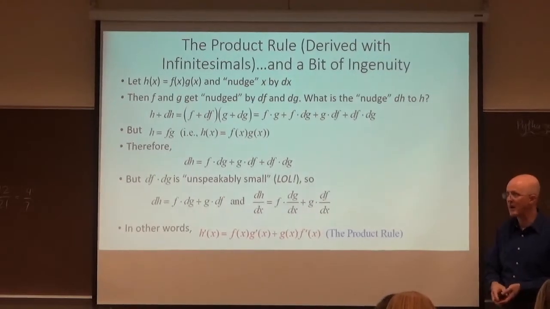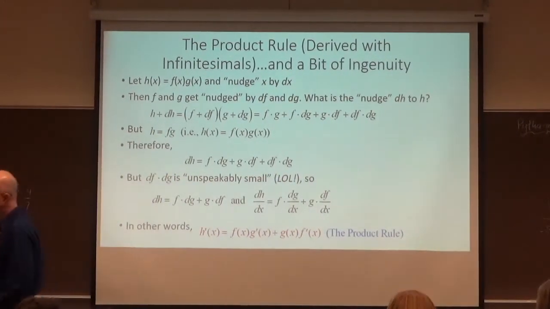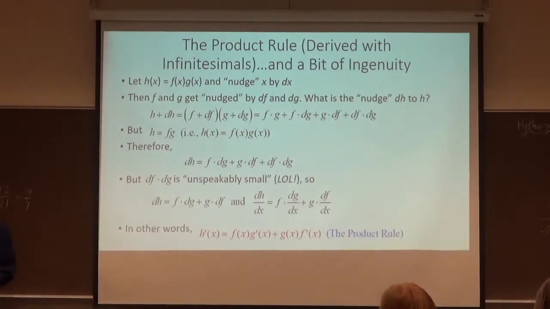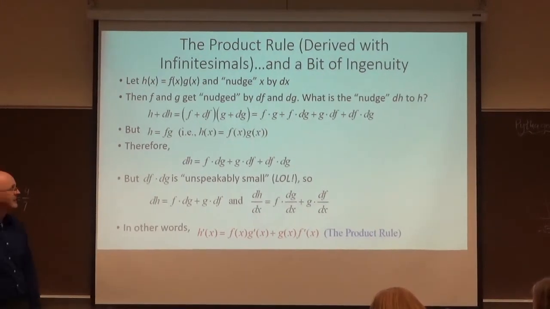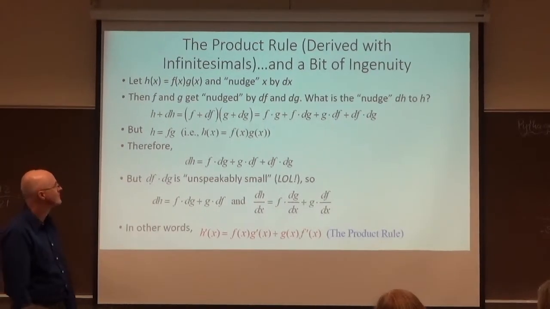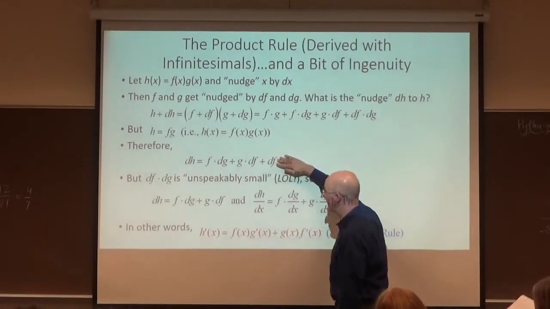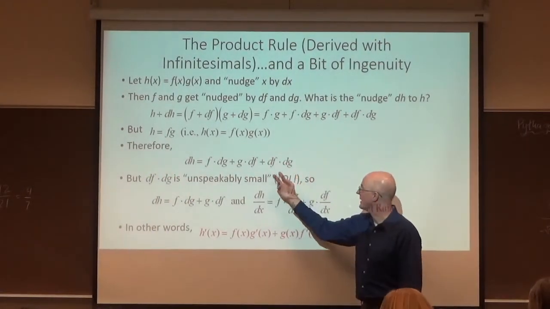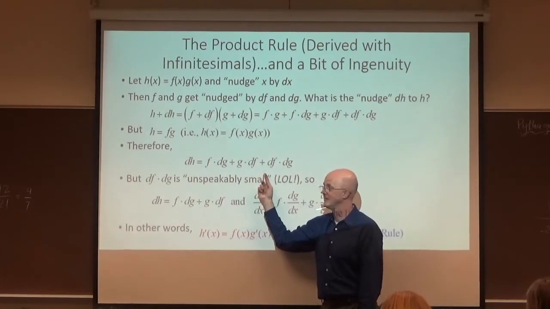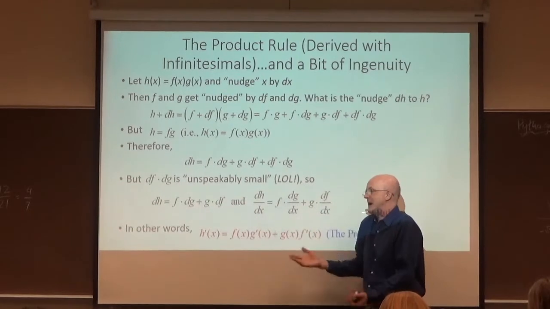In the 3Blue1Brown video, how do you get rid of one of the df and dg's? That's a good question. And that's the thing that feels extra confusing about it, I think. You're asking about this, right? Yeah, that's because it's just so small compared to even these. That's why I'm using the phrase unspeakably small, just to emphasize how small it is.